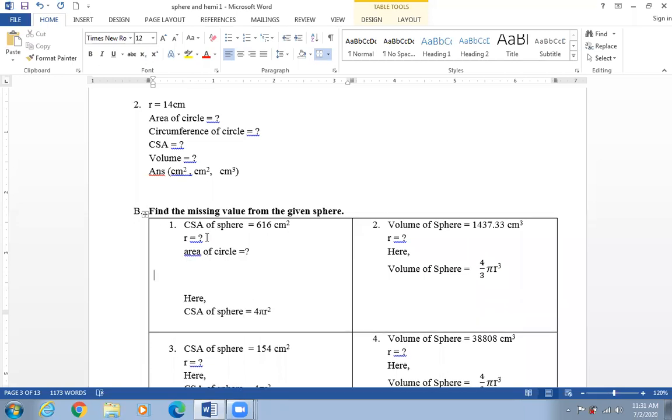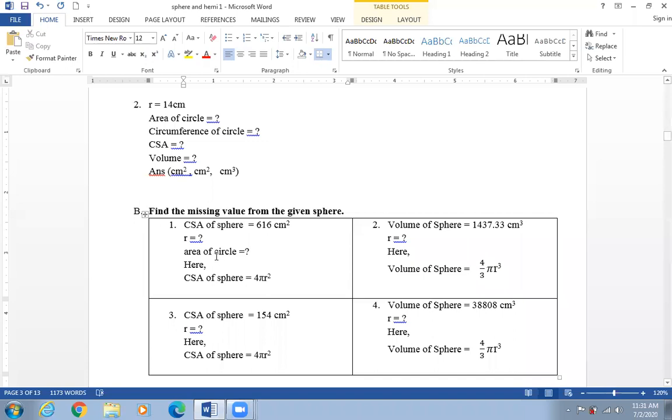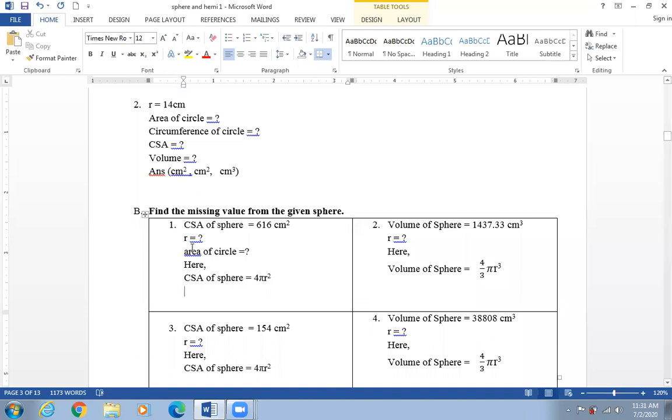Let us write in this way also. A little bit of a twist to the question. Before finding the area of circle, what we need to find out? We need the radius first.